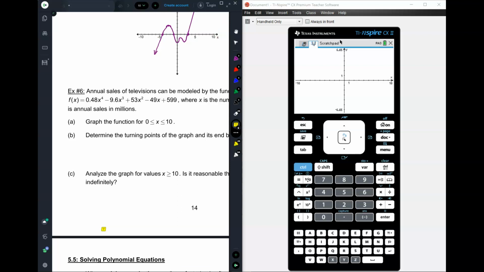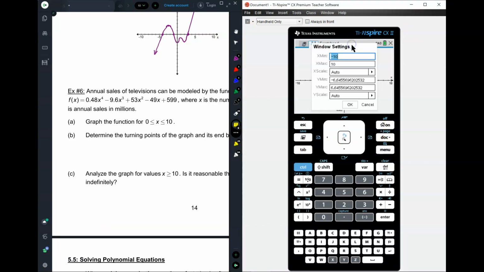Take a look at this function, everyone. When x is 0, what would the y-intercept be? 599. So you know your graph is going to go all the way up to at least that, so why don't we make it a little bit higher? Let's go to Window, Window Settings.